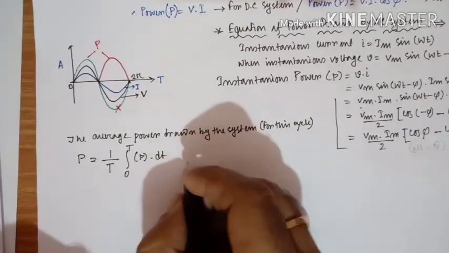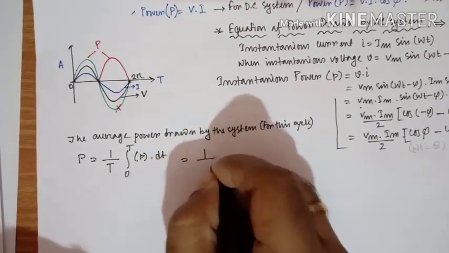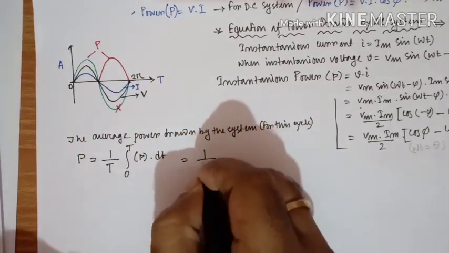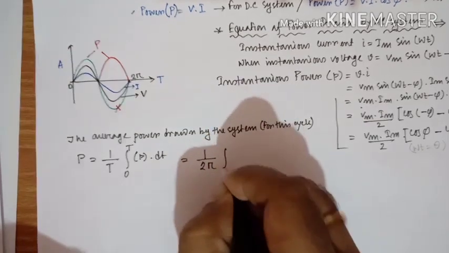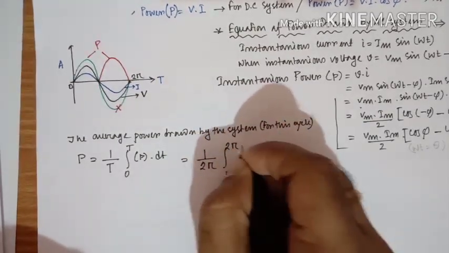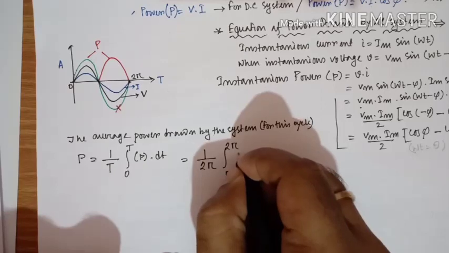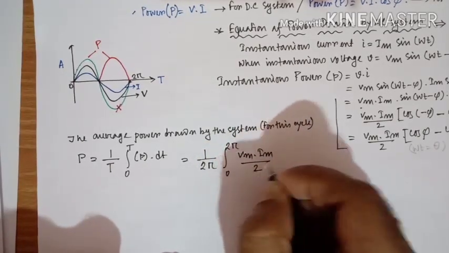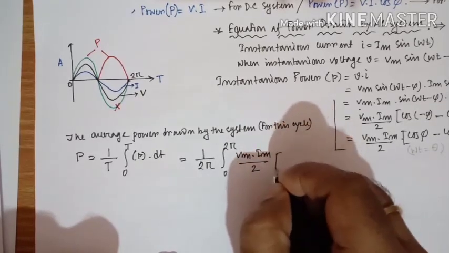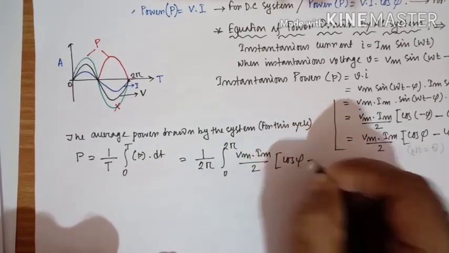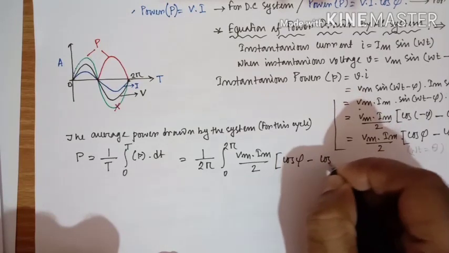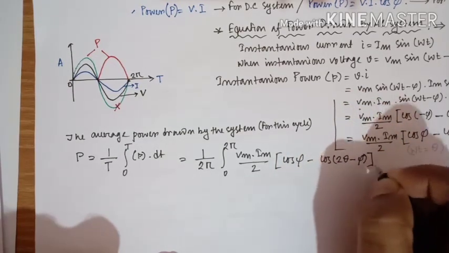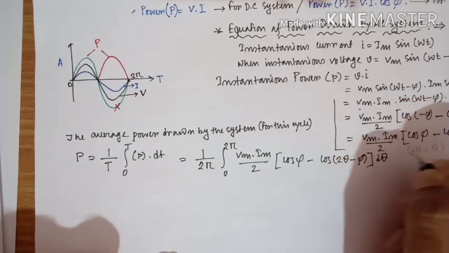So now putting the value of P, the time period T is basically 0 to 2 pi. So the time period is 2 pi, limit will be 0 to 2 pi. The value of P is Vm into Im divided by 2 into cos phi minus cos of 2 theta minus phi into d theta.